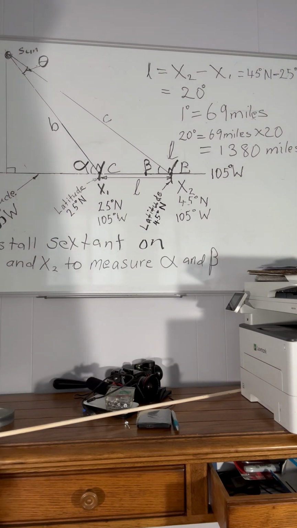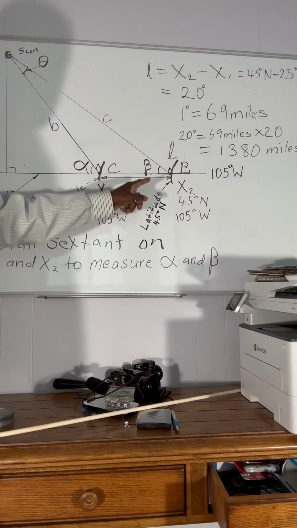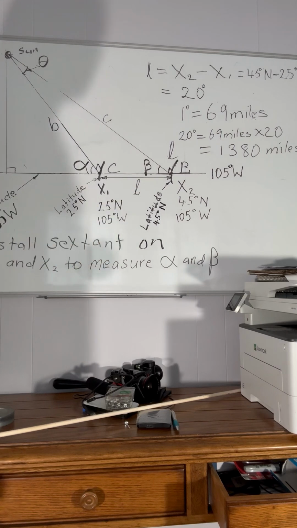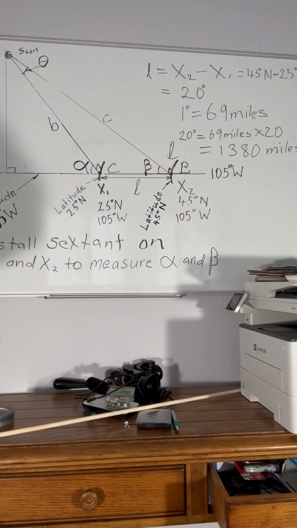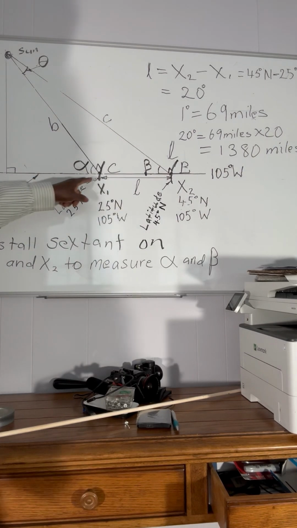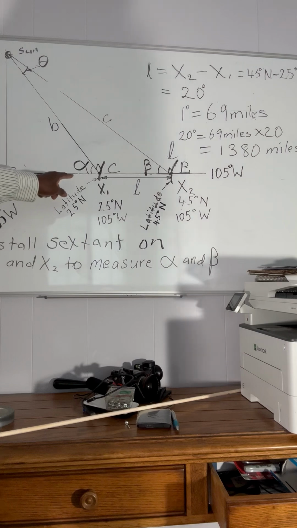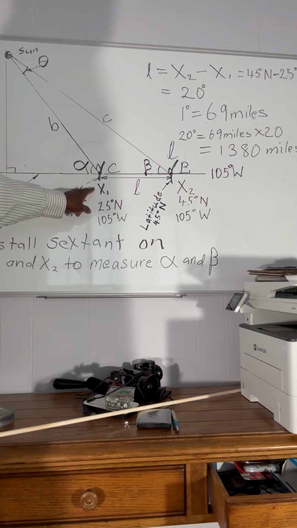There's only one longitude. This is 105 in the United States. You can change it to another continent. These are the two. So I put a sextant here, X1.